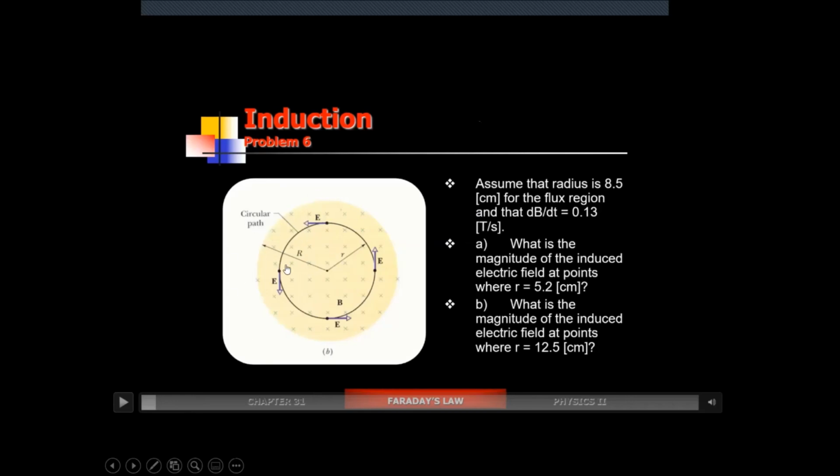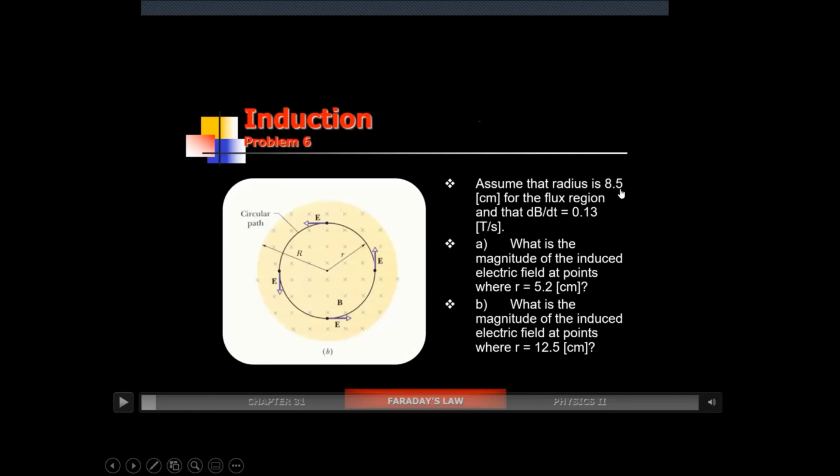If you're changing the flux within this region, it's going to cause a circulating electric field. There's going to be a circulating electric field within this region, outside of this region, and so forth. In this particular problem, we're changing the magnetic flux at this rate. So the strength of the magnetic field is changing within this region. And then we're interested in the magnitude of the induced electric field within this region.